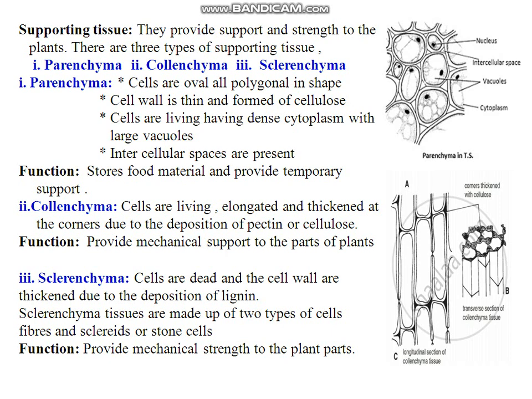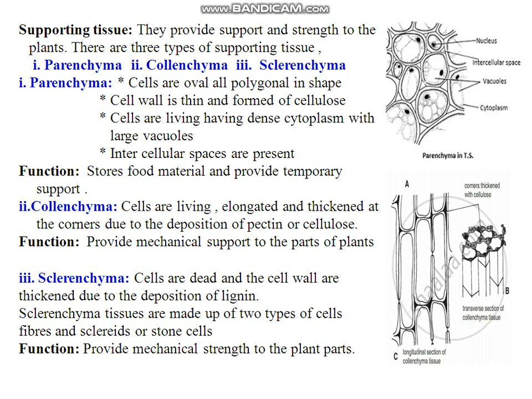The cell wall is not thickened uniformly, only the corners are thickened. So cells are living, parenchyma cells also living, collenchyma cells also living, elongated and thickened at the corners due to the deposition of pectin and cellulose.